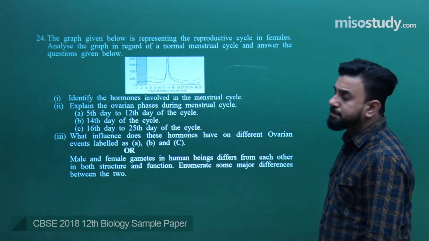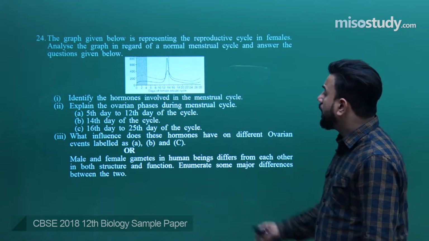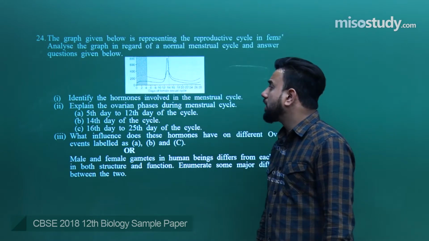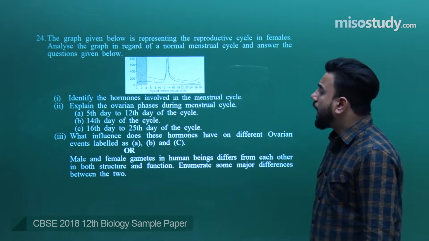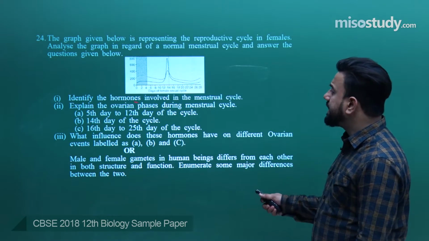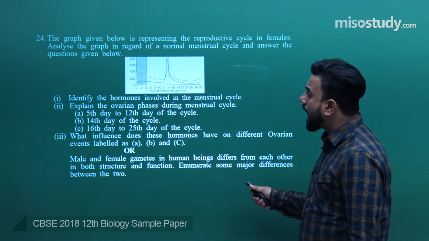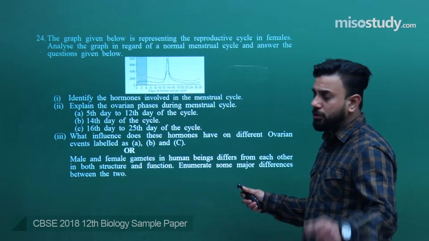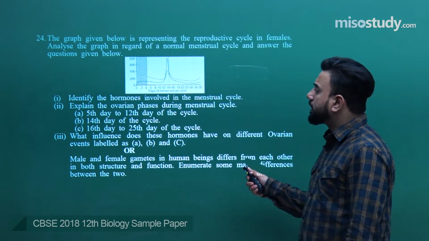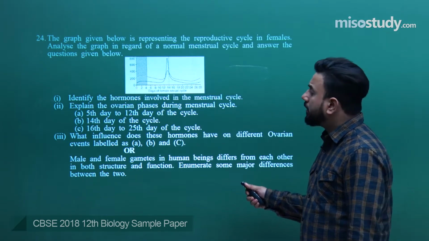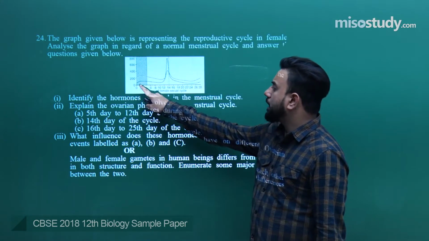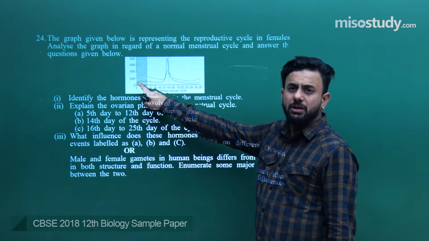So the first subpart of the question: identify the hormones involved in the menstrual cycle. Now my dear friends, as you can see, this lower line, which is a very dark line, follow this line I'm talking about. You can see with the finger.